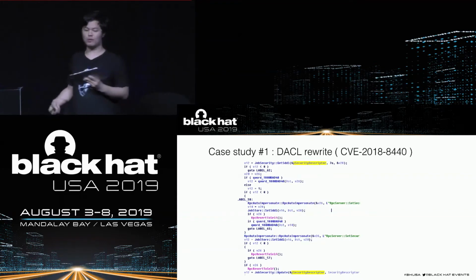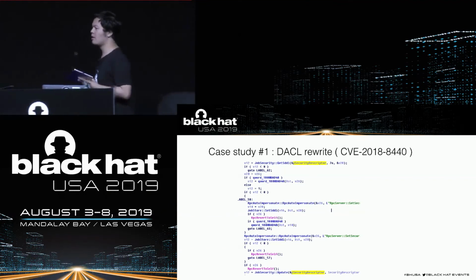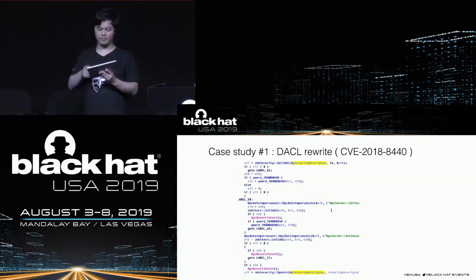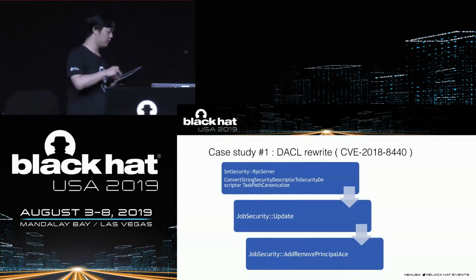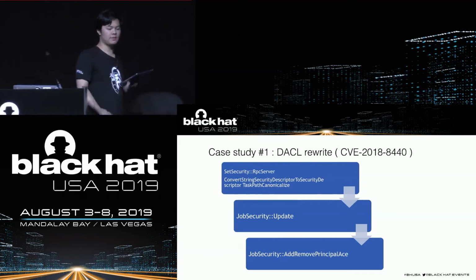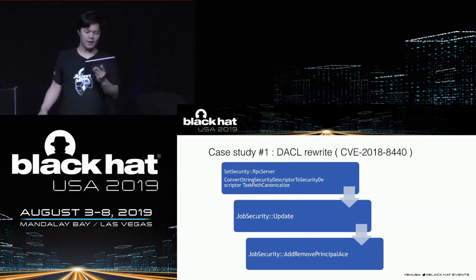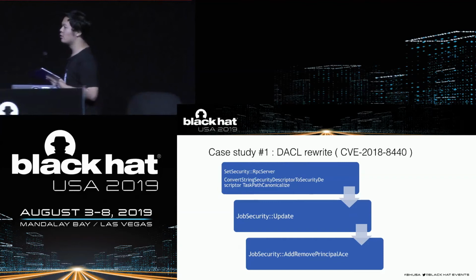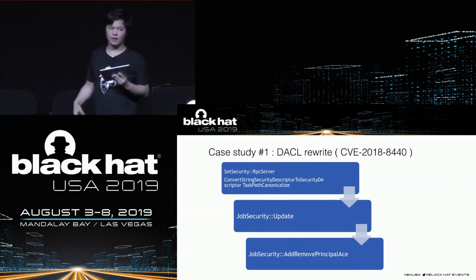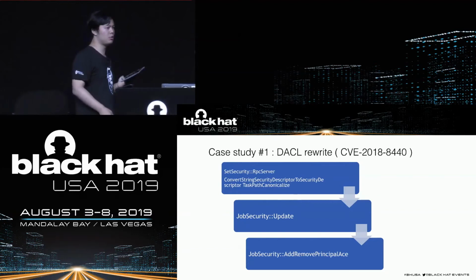Before that, it will first revert to a system token, so all operations are done under the system user's token. Let's see this process. Actually, there are 3 steps, and then it would use the AddRemovePrincipalACE to set the new DACL for this target file, and the current user will get full control of that file.